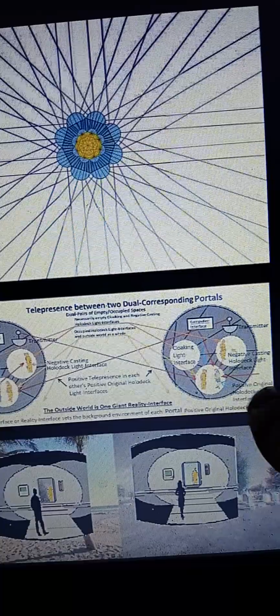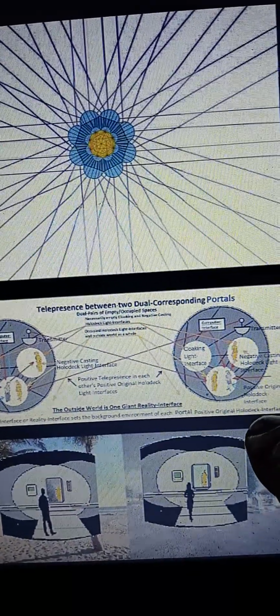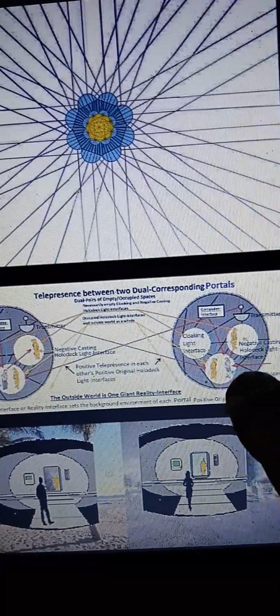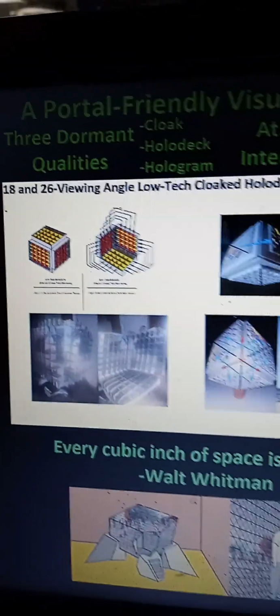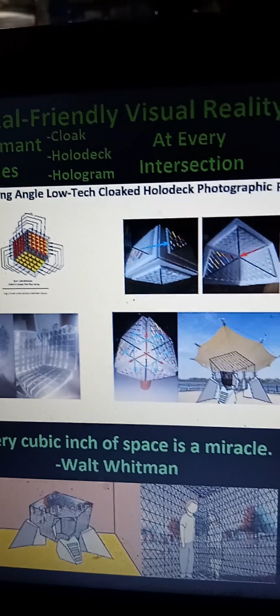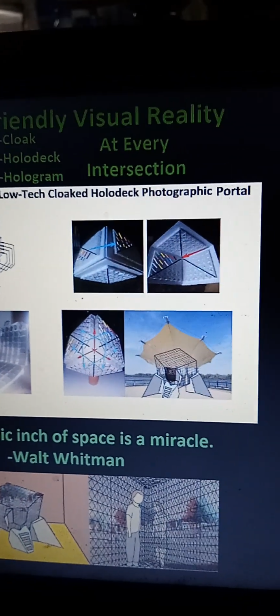There are several different ways that I imagine a cosmic portal could be made, but that would include the haptic sense of touch and the sense of physical objects. So these virtual people or objects would have a sense of being felt too. So this is why I say that we live in a portal-friendly visual reality. Thanks a lot.